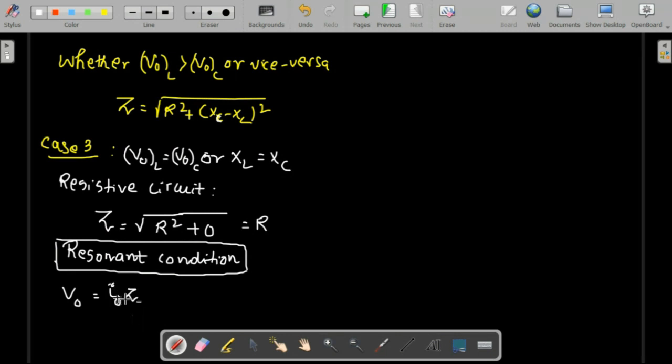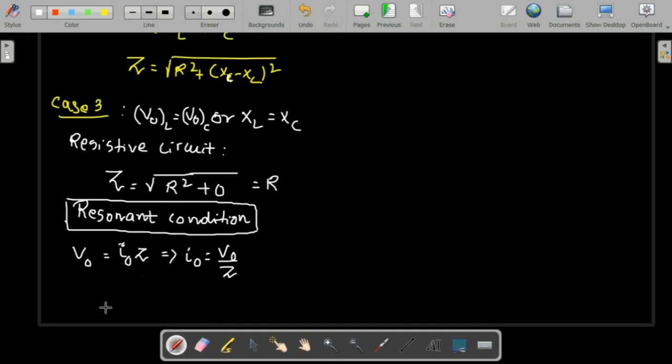So what happens is that if the impedance is more, you're going to get more voltage, right? If you want to find out the current, I naught is V naught divided by Z, right? So in this particular case, if Z is less, your I naught would be more. Now Z is least when Z is equal to R. That means you're going to get current maximum.